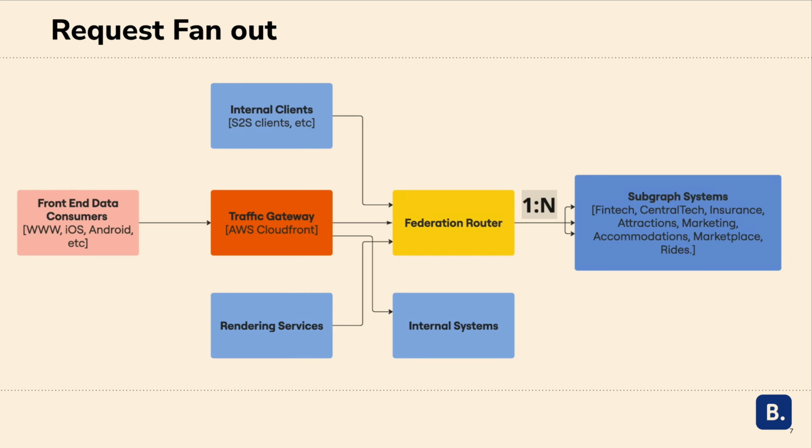But before we dive into the rate limit directive design, we can revisit the federation architecture a little. In federated GraphQL, the clients don't send the request to the backend system directly. They send the query to the federation router, and the federation router will analyze the incoming request, break it down into sub-requests, then intelligently dispatch these sub-requests to the backend systems, and then aggregate the response back to the clients, the data consumers.